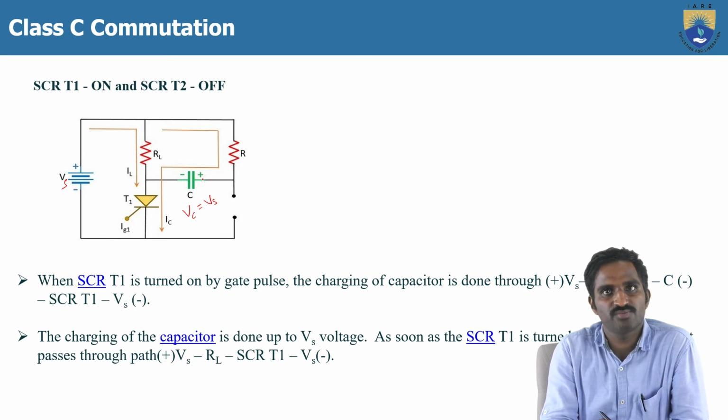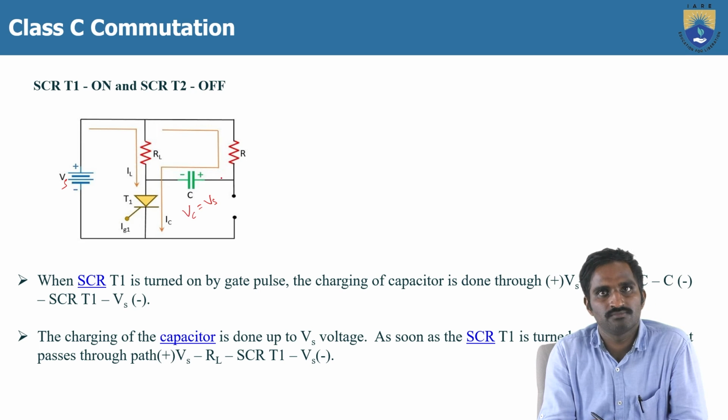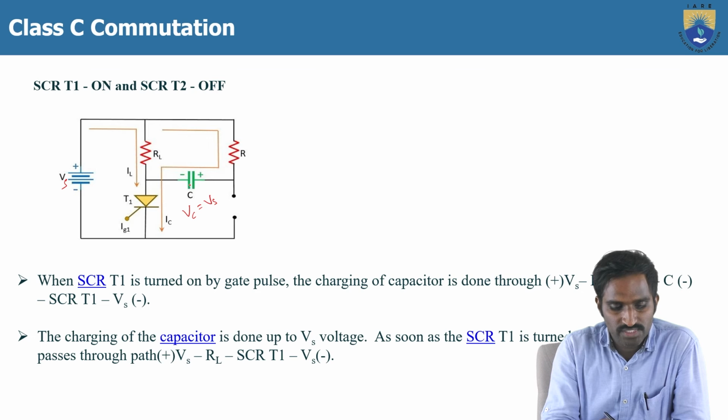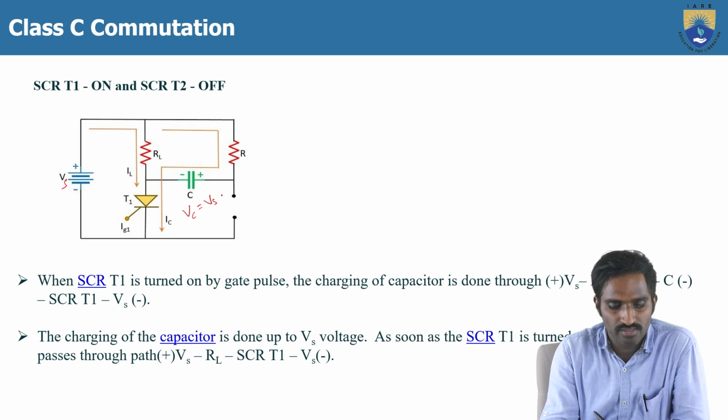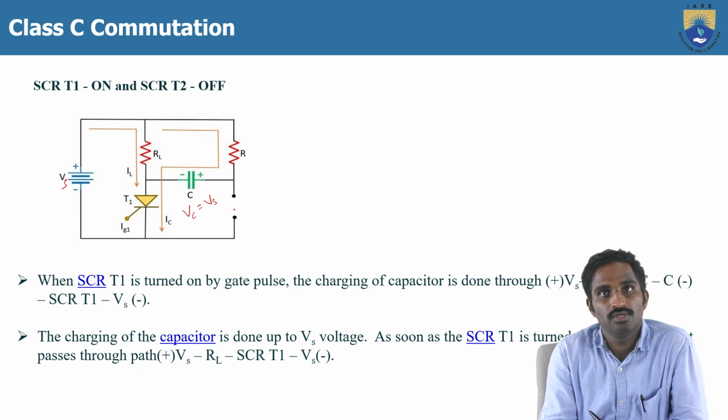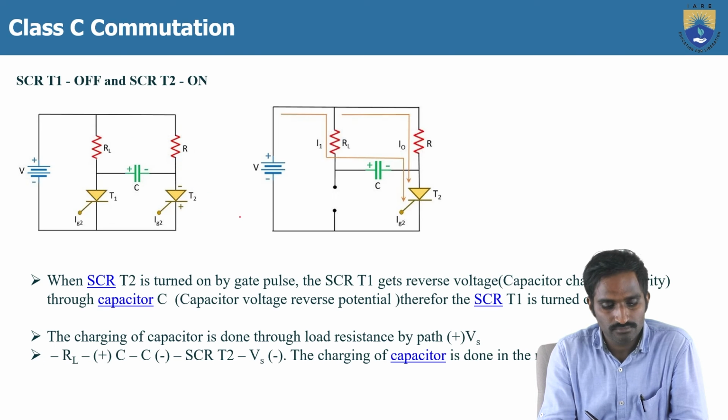Once this is formed, there is no discharge path for this capacitor. So to give the discharge path for this capacitor, we are going to turn on the thyristor T2.